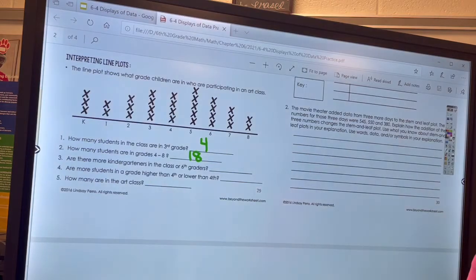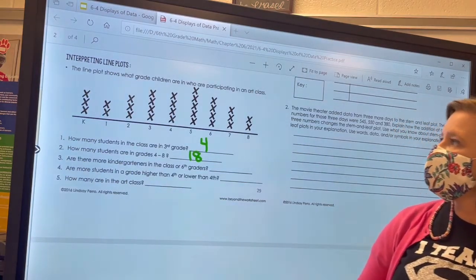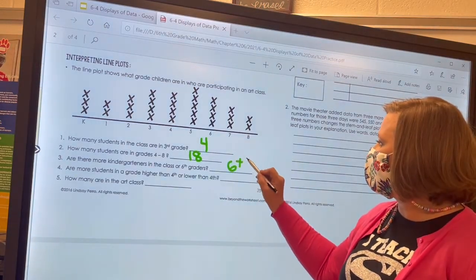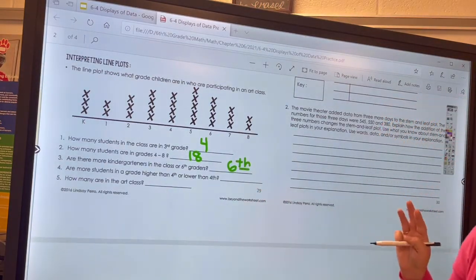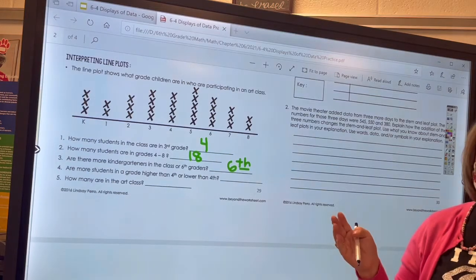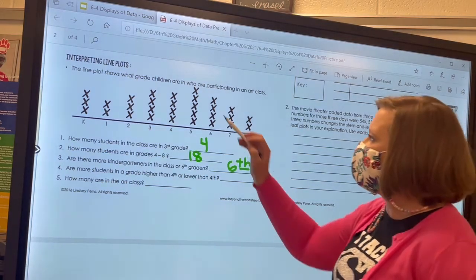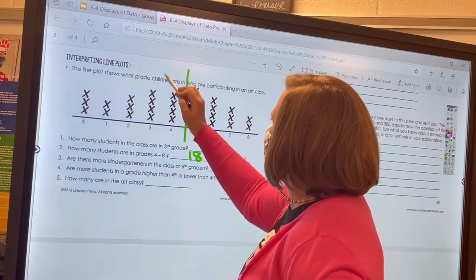Are there more kindergarteners in the class or 6th graders? 6th grade. Because how many kindergartners are there? 3. How many 6th graders? 4. So you got 1 more. How many more students are in a grade higher than 4th than lower than 4th?